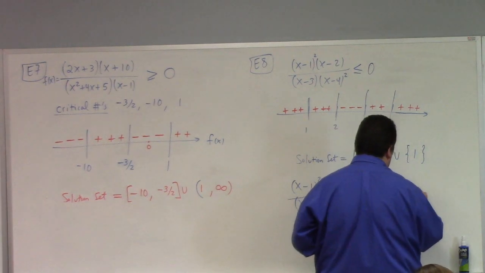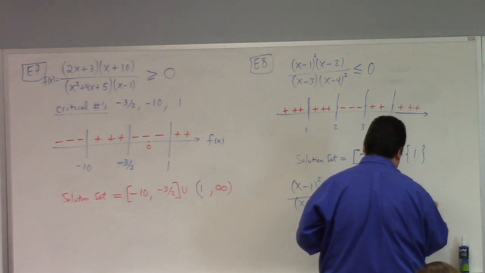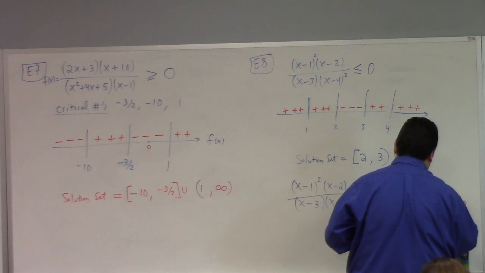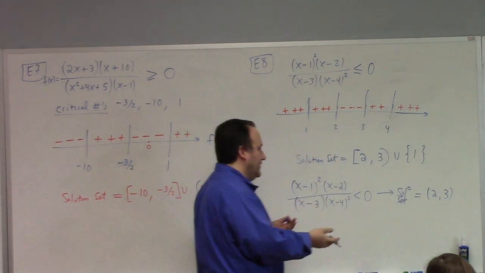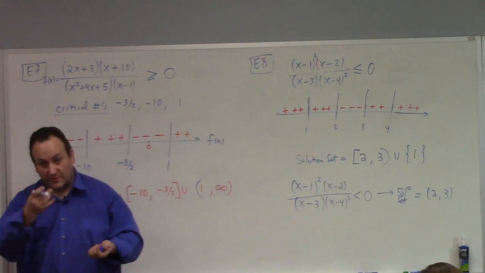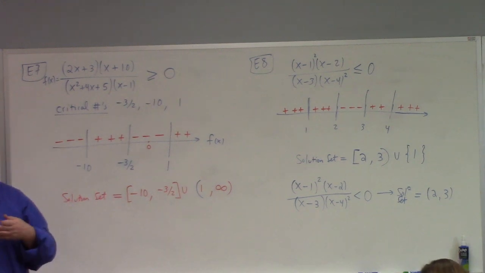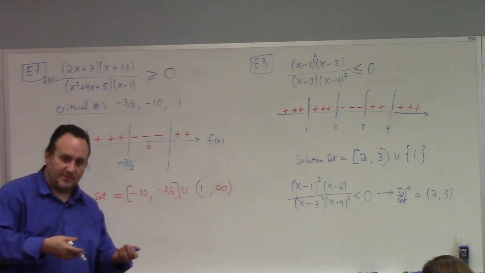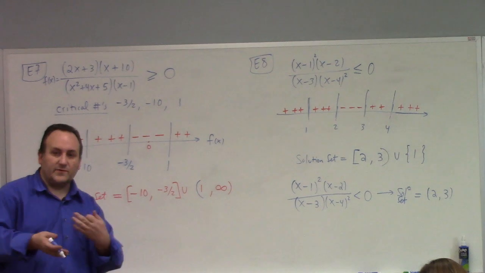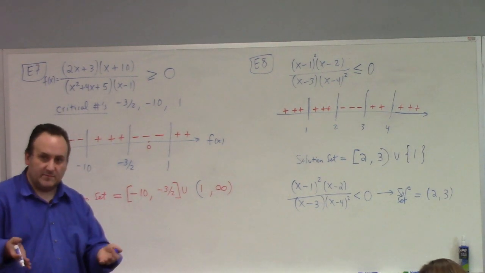What's the solution set then? It's just 2, 3, and neither of them are included, because we're not looking for 0. If we're solving less than 0, equal to 0 is not allowed.